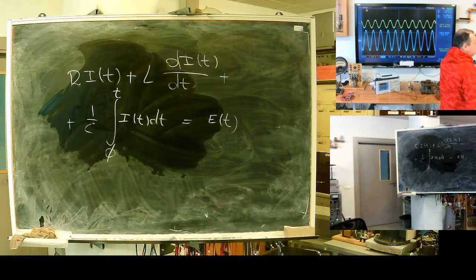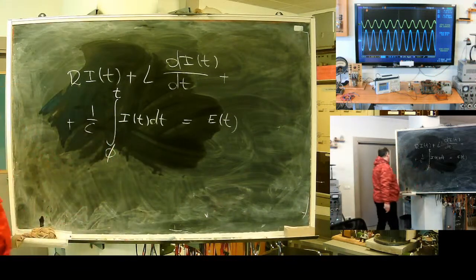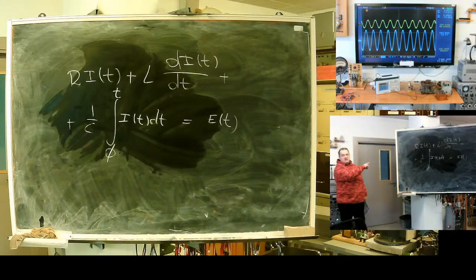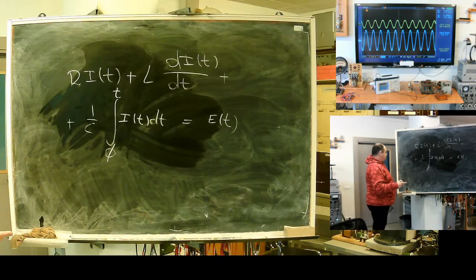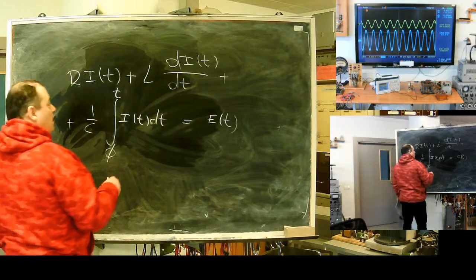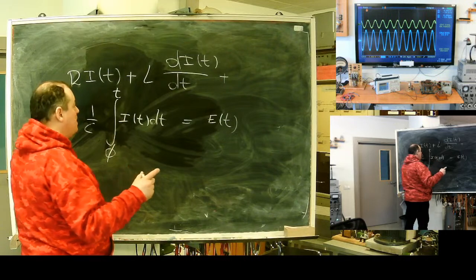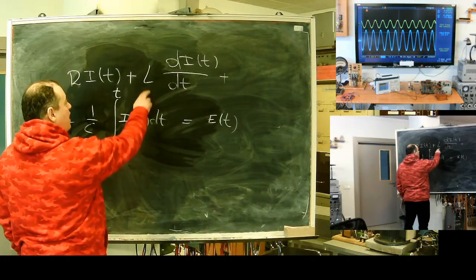How to solve it? I need current. I need to get rid of the integral sign. This means I need the first derivative of this. And also, to make it look like a standard, already solved differential equation, I will get the second derivative. I need it without a factor. This means I will need to divide by inductance.